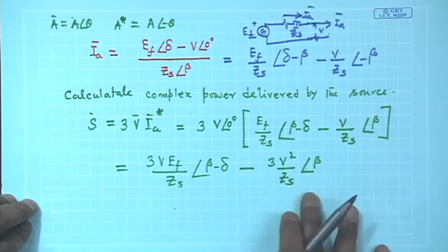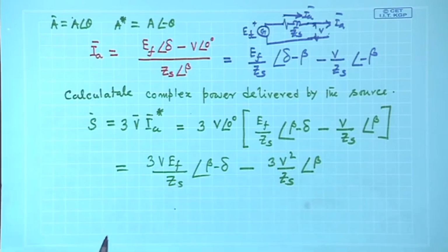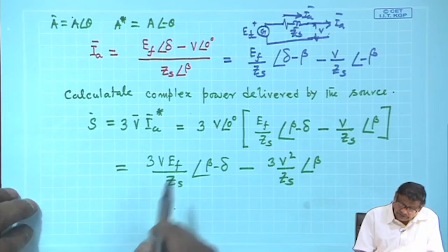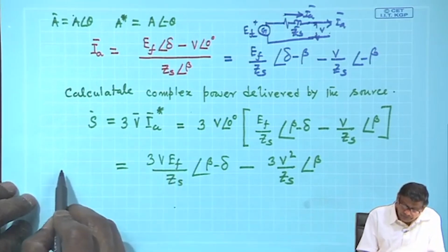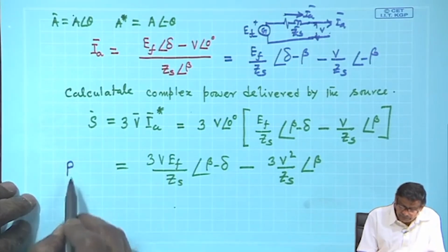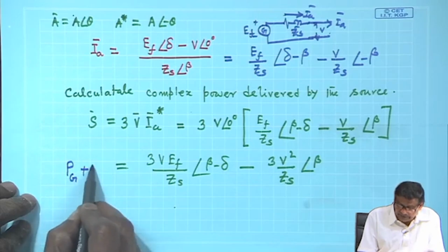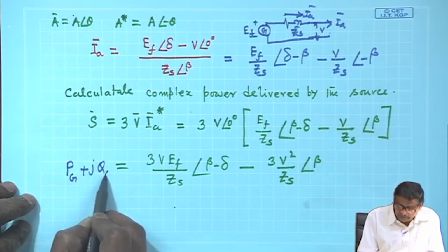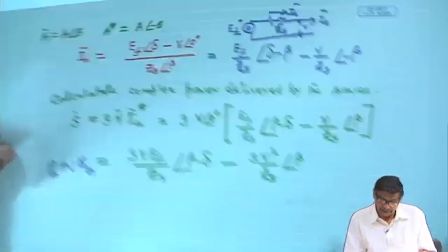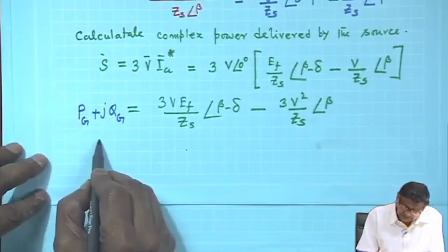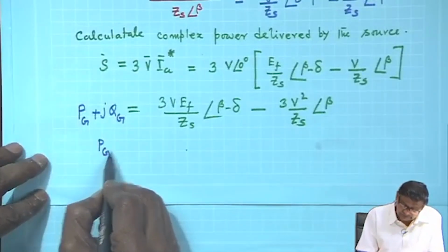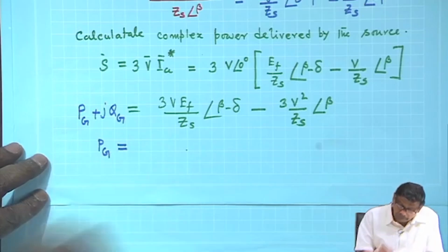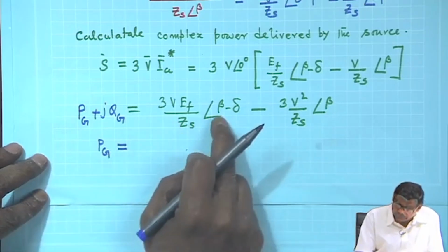Now, this of course will be a complex number. For the real and reactive power delivered by the generator, I will say that PG, the real power delivered, will be the real part of this.